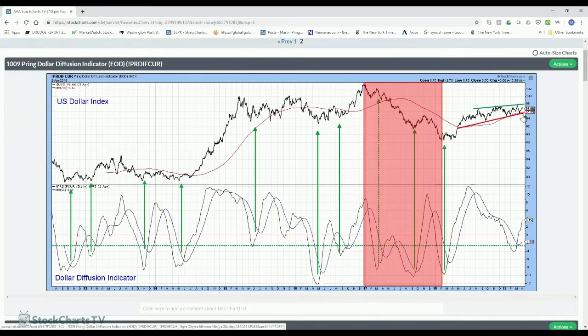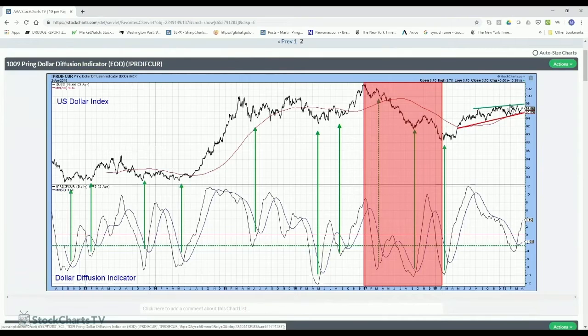So that represents a very, very significant level of support, because the moving average represents support in its own right. And then you add to that this trend line, which also has a dynamic level of support. You add them together and you've got a very significant level of support.